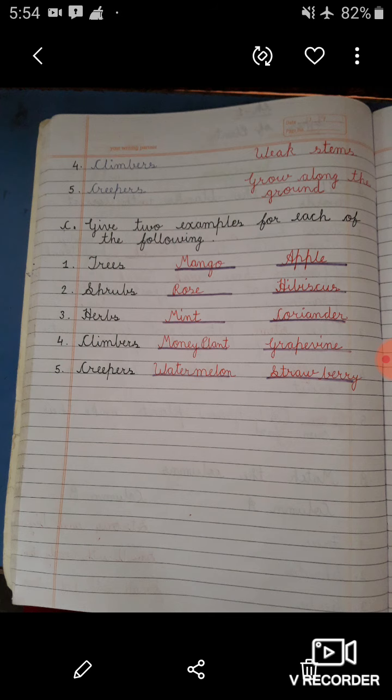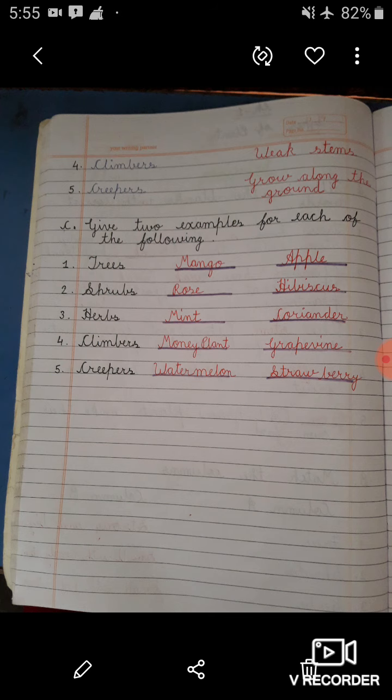Now in the second, shrubs. What are two examples of shrubs? Rose and hibiscus. First write the spelling of rose, R-O-S-E, rose. Then hibiscus. Students, what's the spelling of hibiscus?